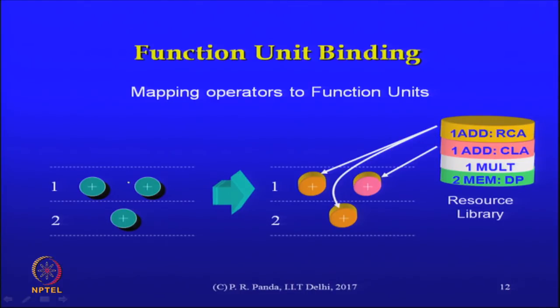There is this step of function unit binding. Start from the schedule that we came up with. Now we have to decide how we will implement each of those nodes in the graph. We have implicitly assumed here that the input will be stored in the form of a graph.